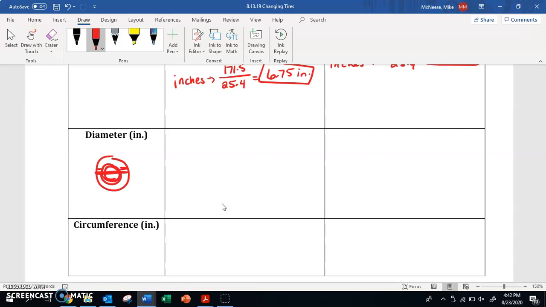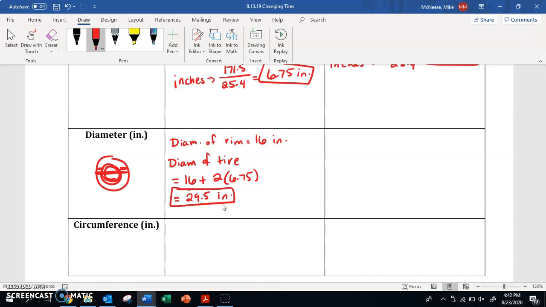So the diameter of the rim on this model was 16 inches. The diameter of the entire tire is equal to 16 inches for the rim plus 2 of the tire heights. So 2 times 6.75, and that should equal 29.5 inches.